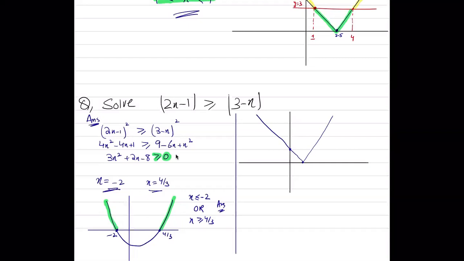And for 3 minus x, the x-intercept is going to be at 3, and the y-intercept is also going to be at 3. This was 1, so 3, let's say.